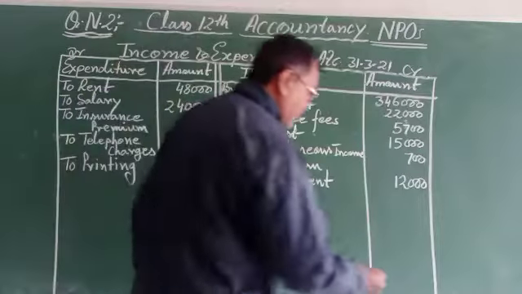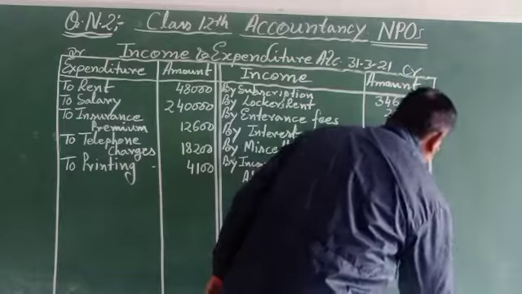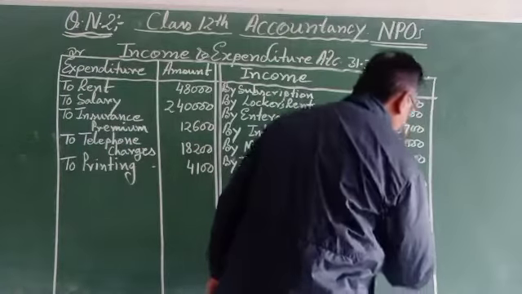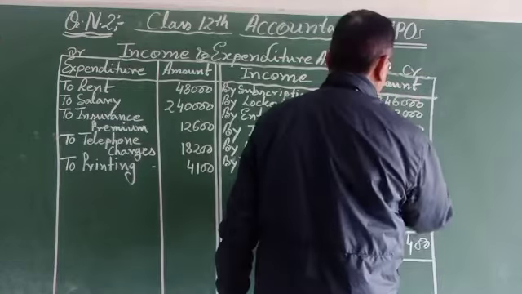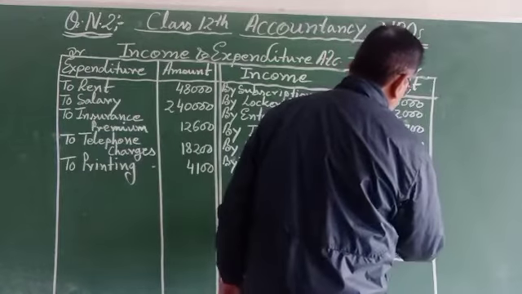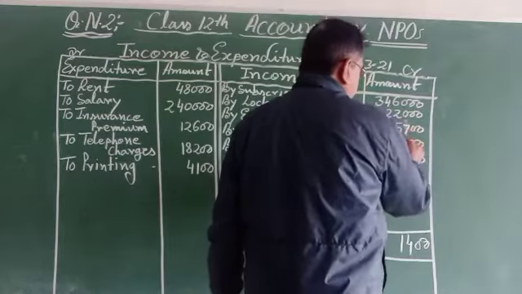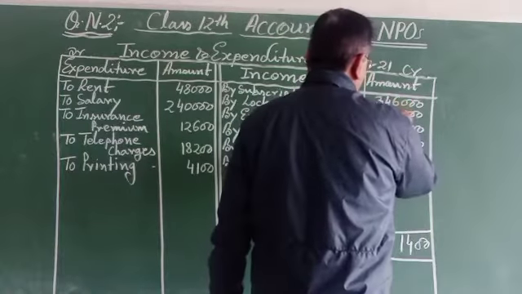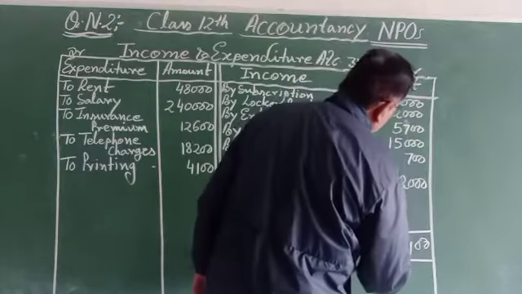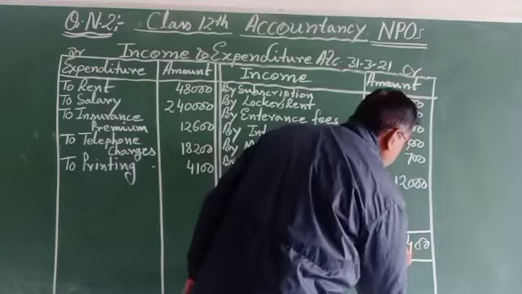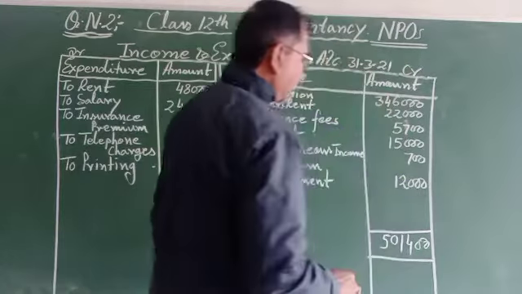So now see the total over here. Adding up, the total of the income column comes to 5 lakhs 1,400.